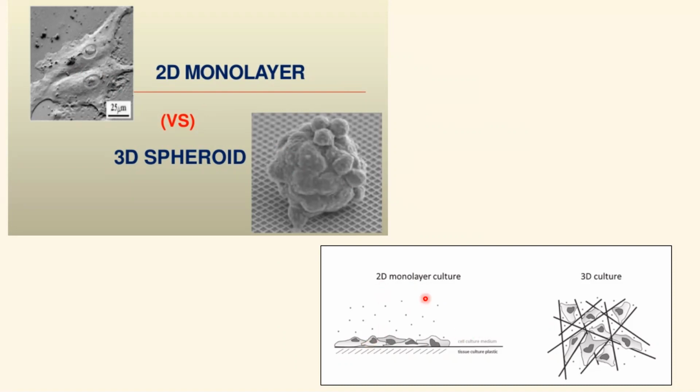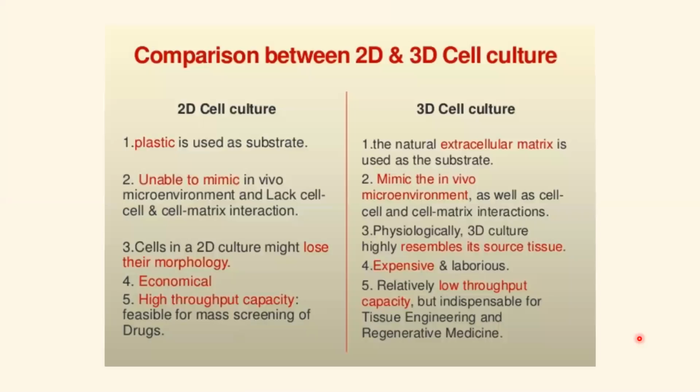But when you culture them in 3D, you could see they are in a 3D spheroid shape. In 2D culture, plastic is used as a substrate, as a polymer. They are unable to mimic in vivo microenvironment and cell-to-cell communication.